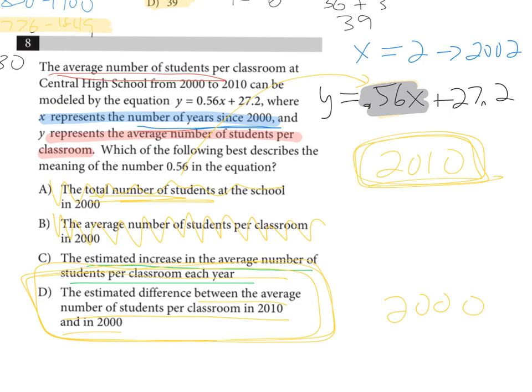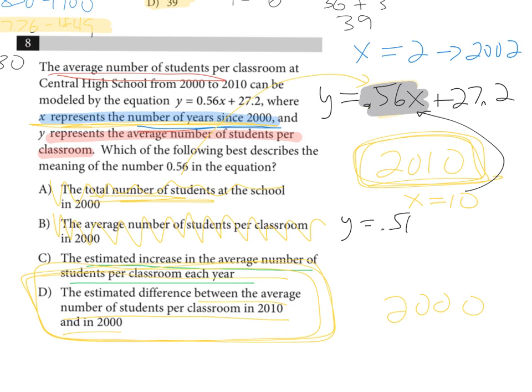Because it says X represents the number of years since 2000. Well, 2010 is 10 years since the year 2000. So I can plug in X is 10 and figure out what Y is.